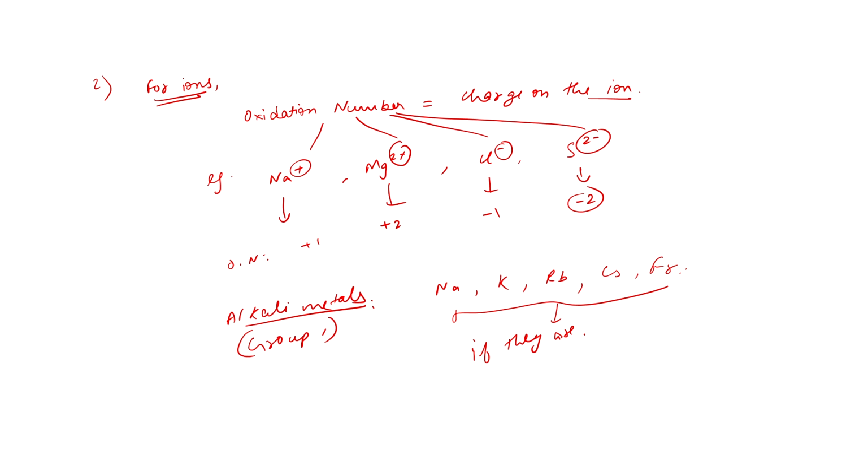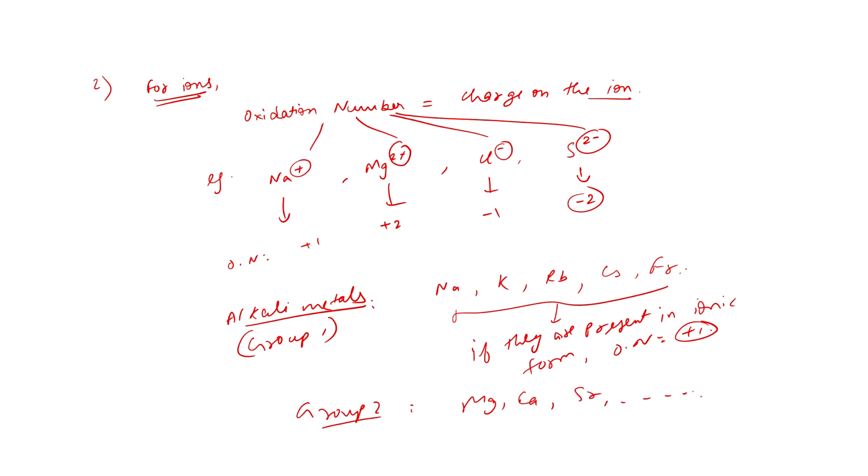So, all the alkali metals, if they are present in ionic form, the oxidation number is plus 1. Similarly, for group 2, for example, magnesium, the oxidation number is plus 2.